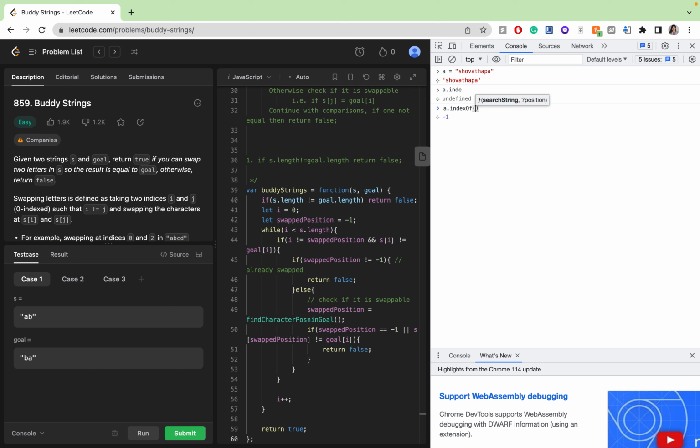Suppose s, then it is 0. Index of a is 0 1 2 3 4, right? So it will take the index of the string and a position. Okay, so if I want it after position 0 1 2 3 4, then after position 5, so that's good.